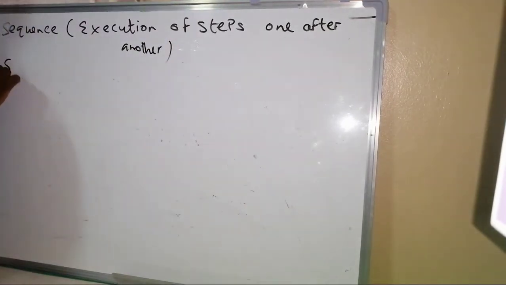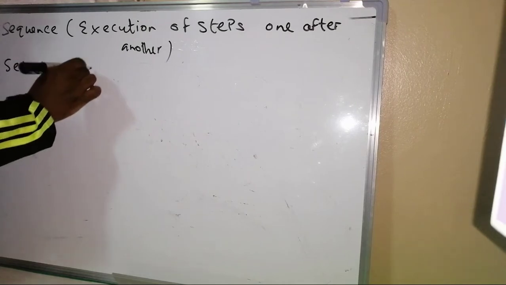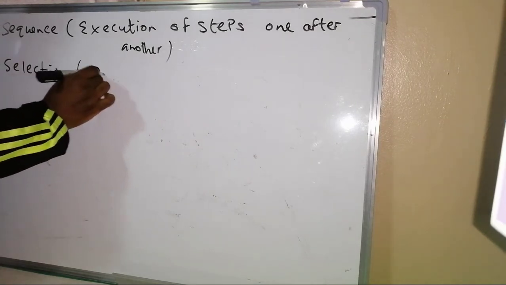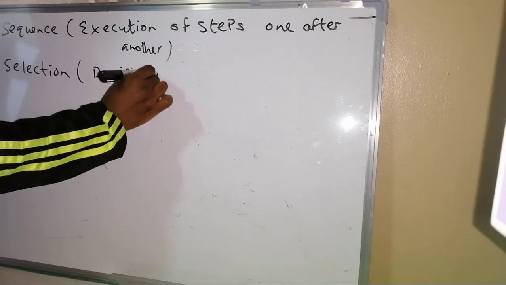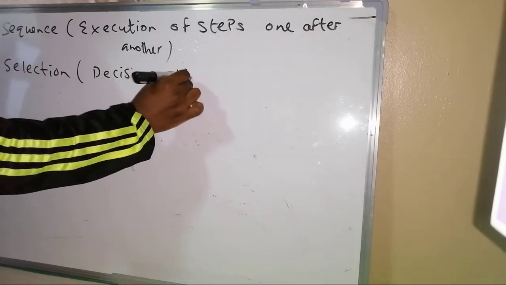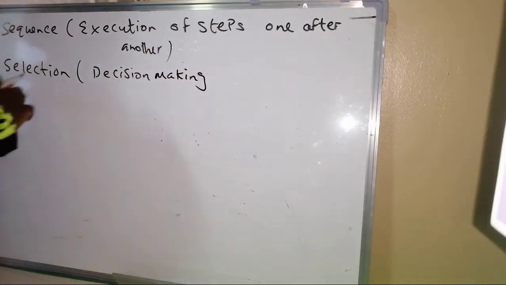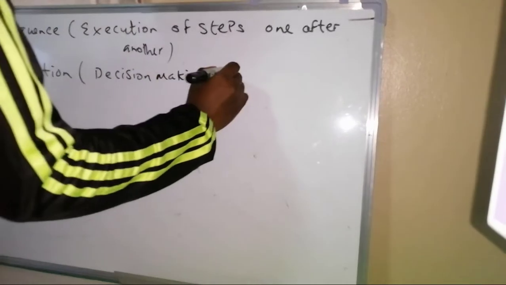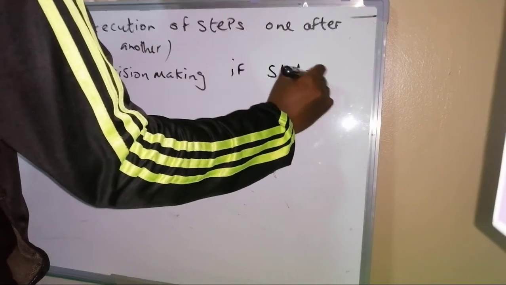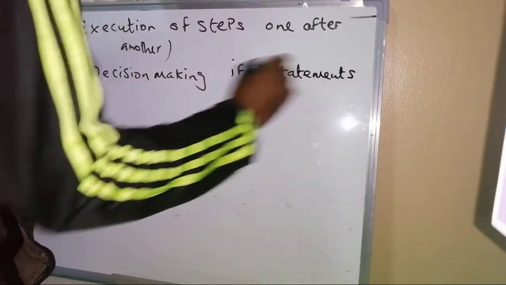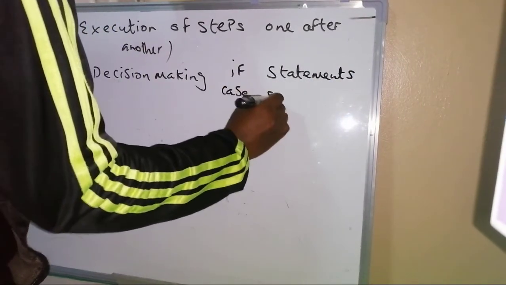And then we have taken a look at the second construct, which is selection. Selection is based on decision making. And we have seen that when we speak of selection, we have two types of construct, the if statements, and then we have the case statements.